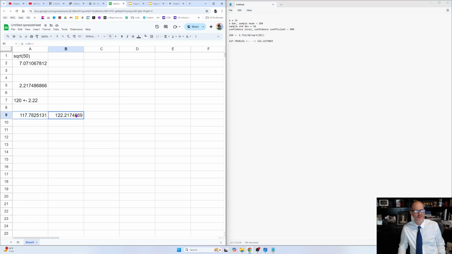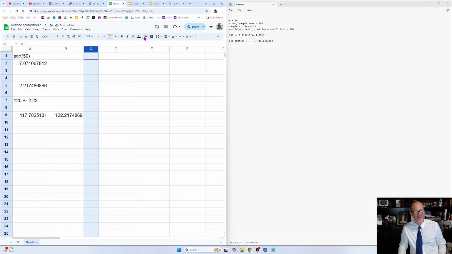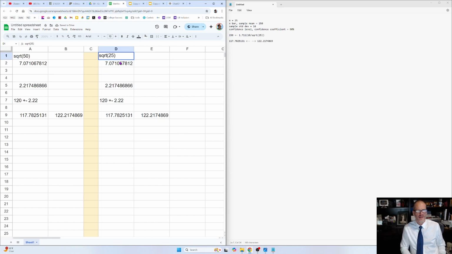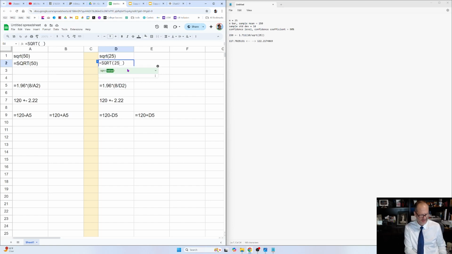And so to do the math, I'm just going to copy all this, Control C, and move this over just a little bit, have a little divider, and I'll put a little color there to make it like a divider. That's fine. And then we need square root of 25. All right, and so we'll add that into this formula, square root of 25.